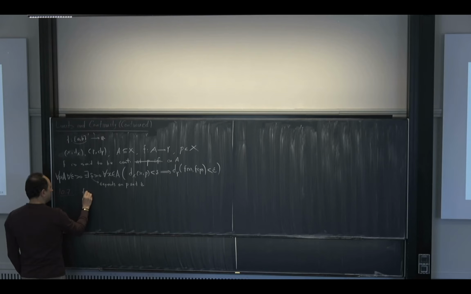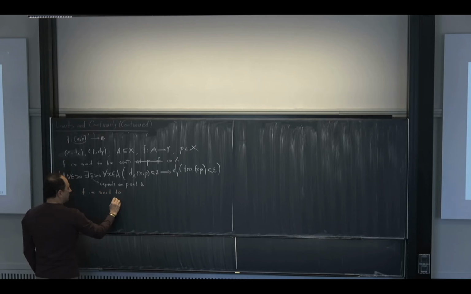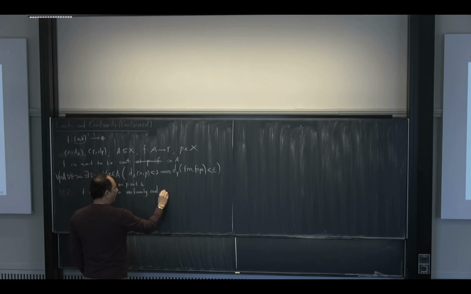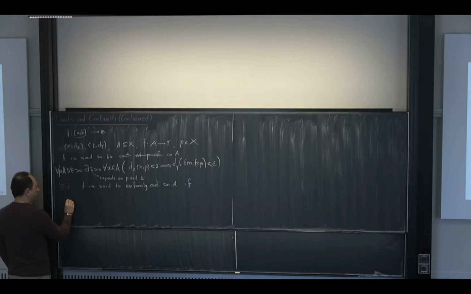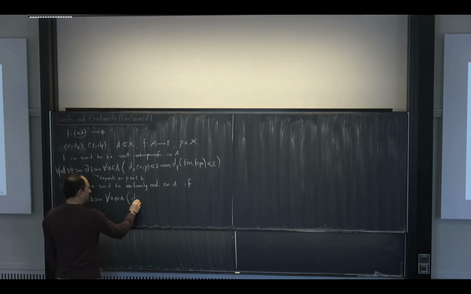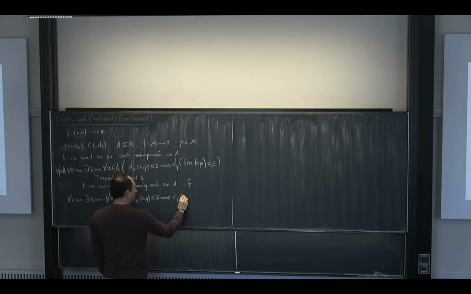I would say that f is said to be uniformly continuous on A if, for every epsilon greater than 0, there exists a delta greater than 0, so that for every pair of x and y in A, if the distance between x and y on the X side is less than delta, then the distance between the values on the Y side is less than epsilon.